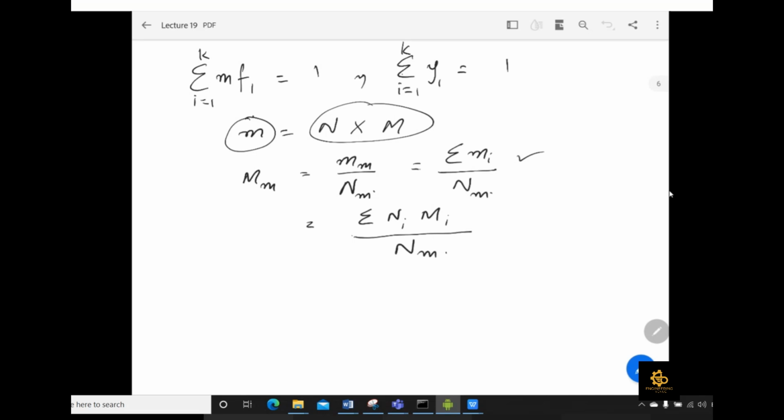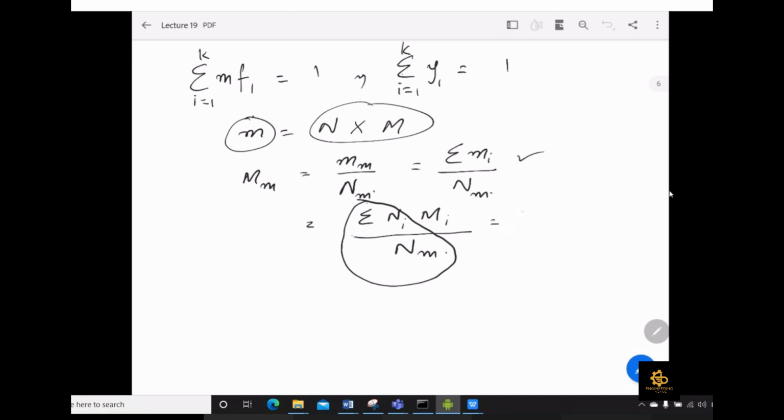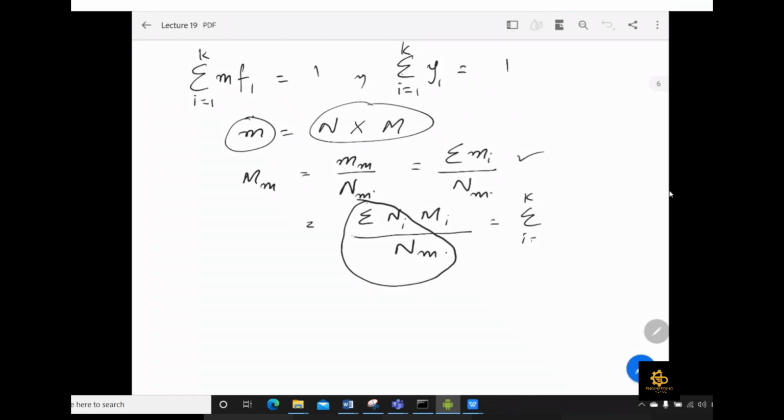From here we can define one relation. We already know that this term will be equal to the mole fraction, which we already saw in the previous slide as well. So it will be equal to the summation of y_i, for the individual component, times M_i.